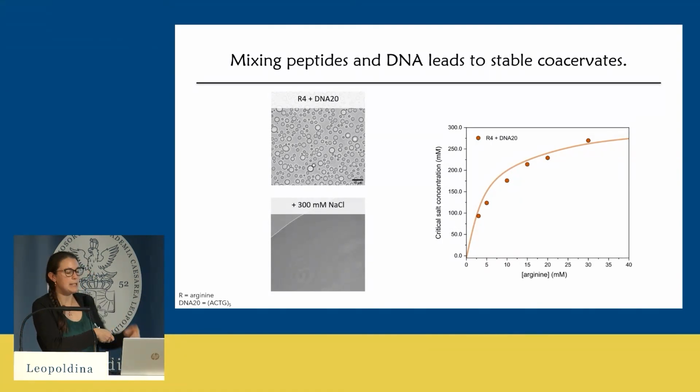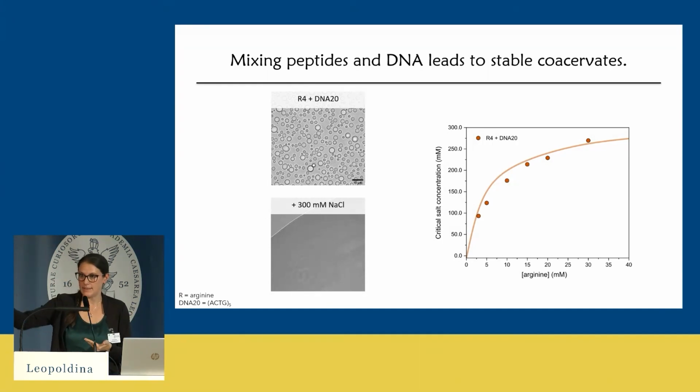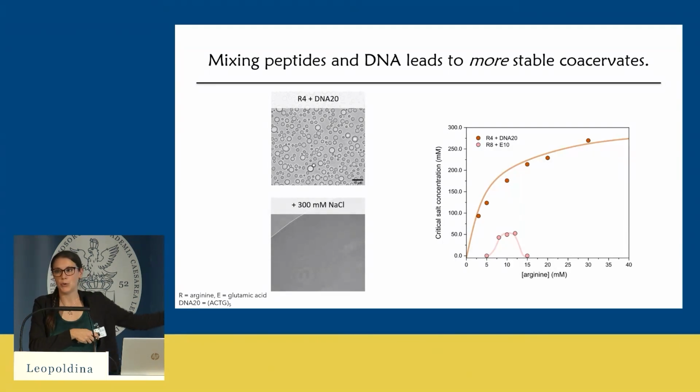The important aspect you need to take from this graph is that the whole area under this curve are concentrations in which you do have droplets. This area seems already quite big, but just to give you an idea, if instead of using DNA, we were to use a peptide that is negatively charged, for example, a glutamic acid repeat, this is what you end up with.